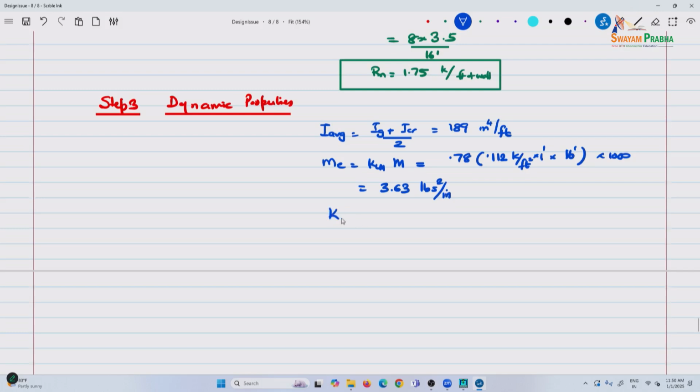And so KE is 384 EI by 5L cubed. Now this is uniformly distributed, and we have all these numbers. E is again not changing, so 1500 KSI.